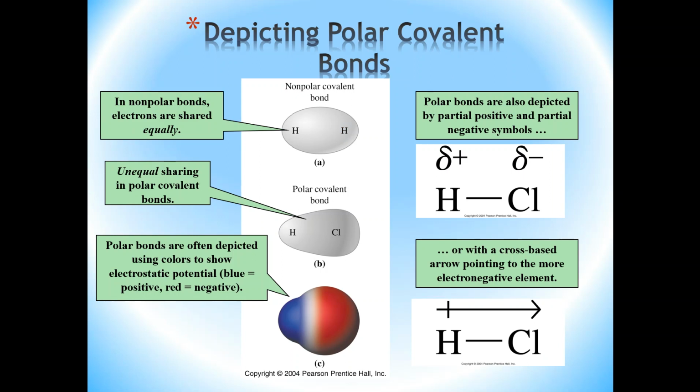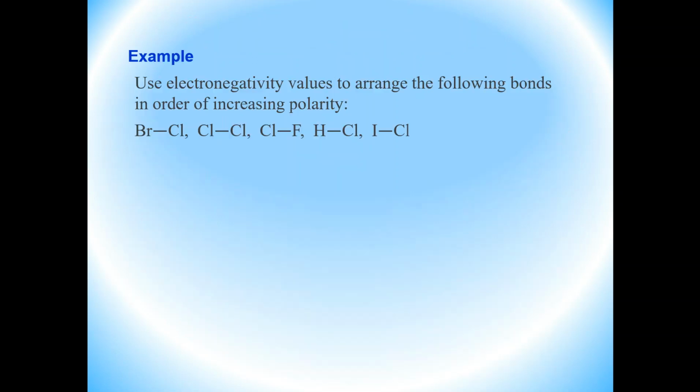Based on what we have discussed here, we should be able to answer this question. It says, use the electronegativity values to arrange the following bonds in order of increasing polarity. I looked at this exercise before, and I calculated the difference in electronegativities of the two atoms involved in each case. These are the values that I obtained. In the case of the bromine to chlorine bond, the difference in electronegativity is 0.2.